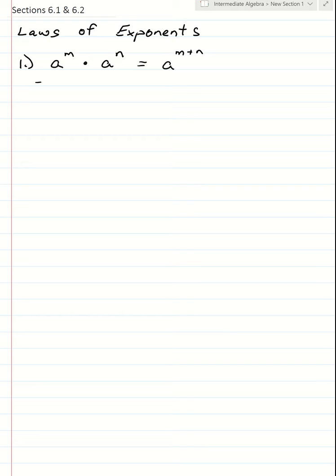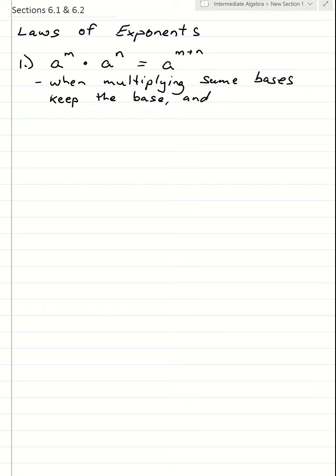Now basically, in words, when multiplying the same bases, as we see that we are doing here, base a, you are going to keep the base and add the exponents.